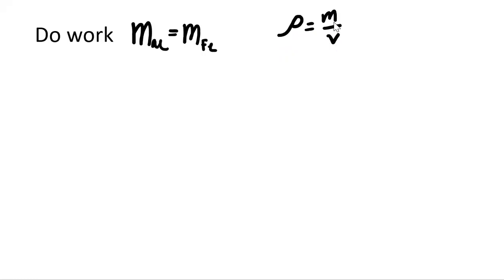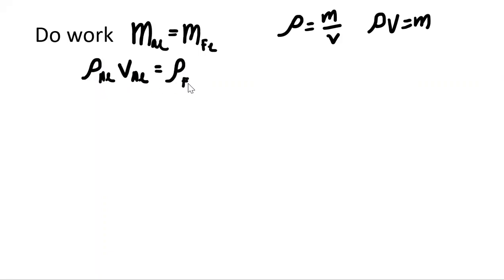So we can solve this in terms of mass, and we'll get that the density times the volume is equal to the mass. So let's make this substitution in for our masses over here. So we can say that the density of aluminum times the volume of aluminum is going to be equal to the density of iron times the volume of iron.